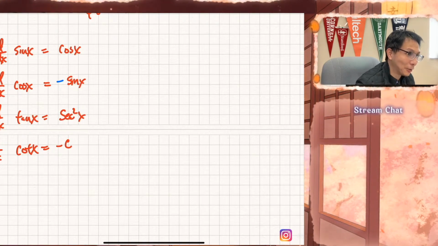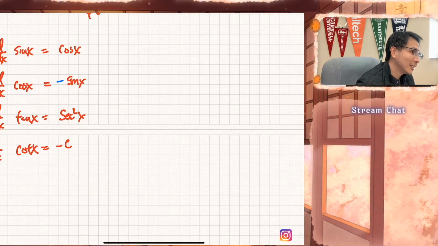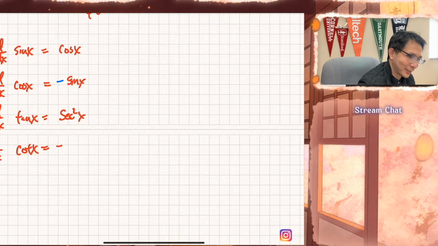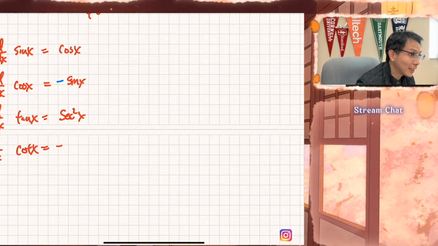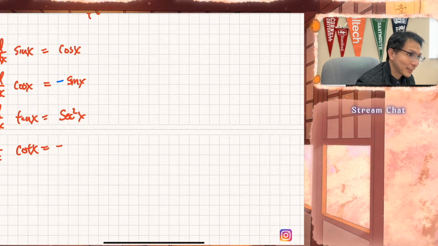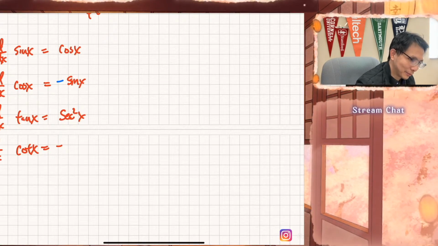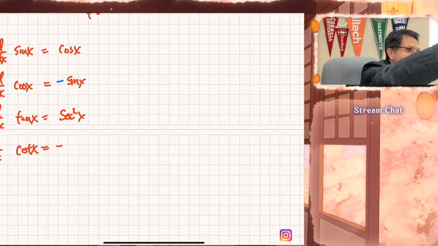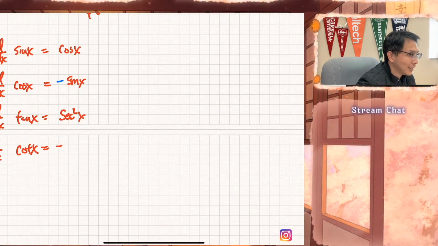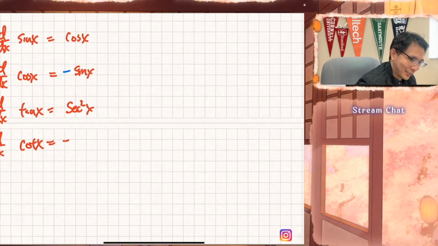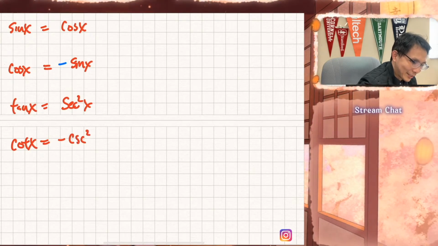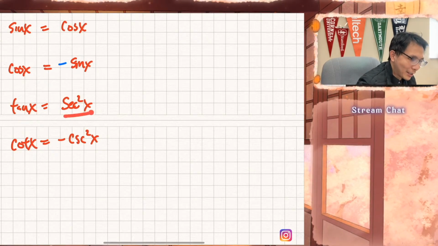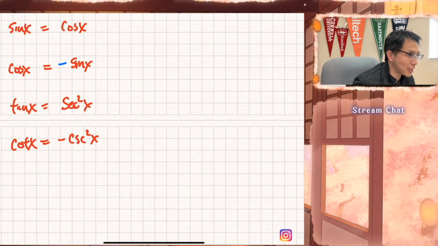Cotangent, they are in the same family, right? This is going to give you the same family: secant squared versus negative cosecant squared.